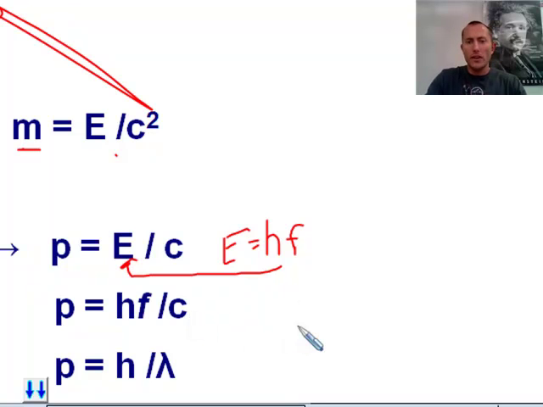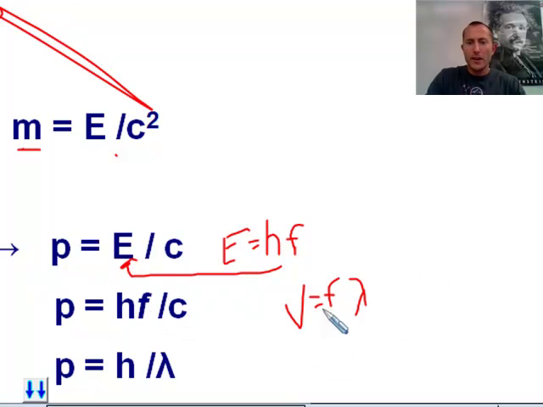Our wave equation relates speed, frequency, and wavelength. And so it's v equals f lambda. And in this case, we're talking about waves, electromagnetic radiation or electromagnetic waves. And here we have frequency over speed, so f over v essentially.